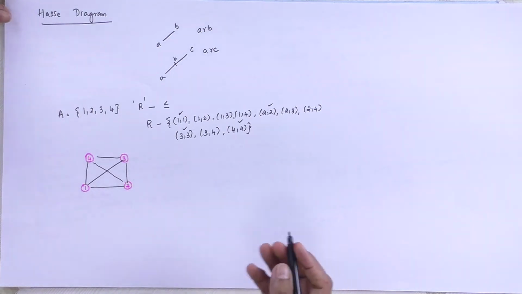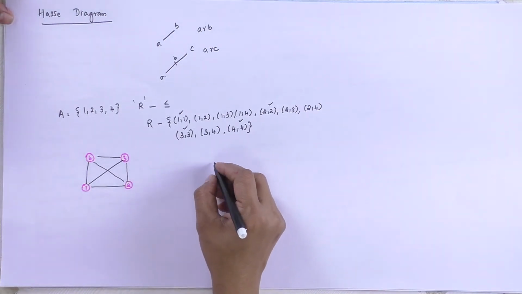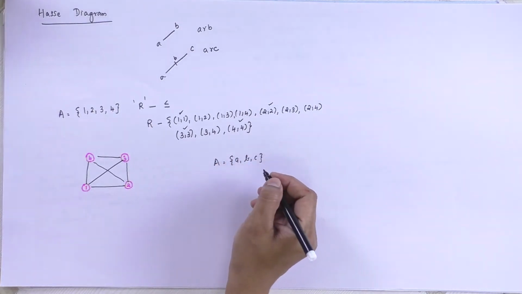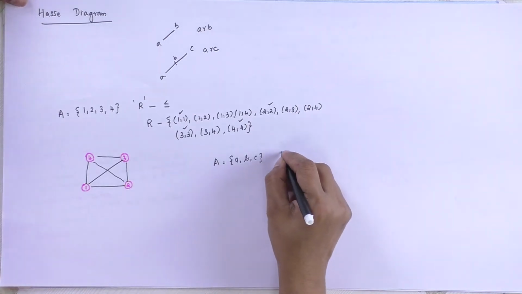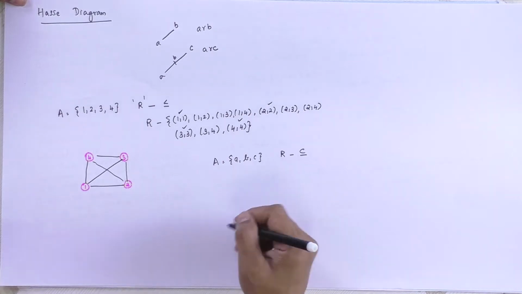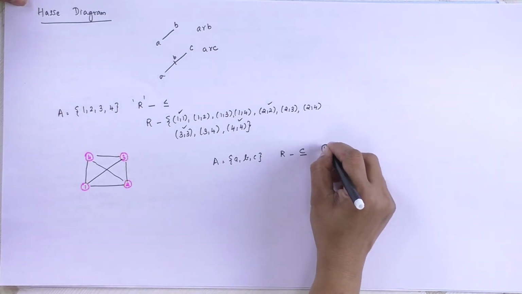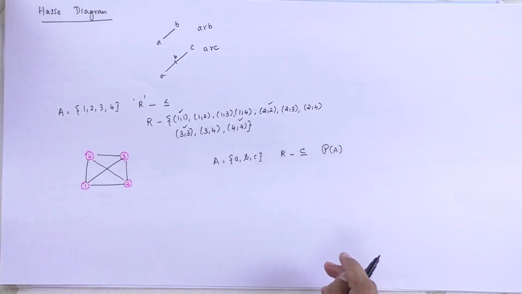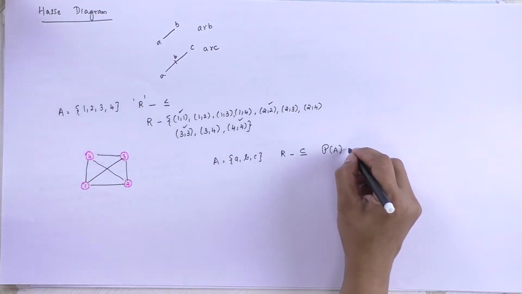Say again, I'll give another example, right? The set A is equal to {a, b, c}, and the relation R here is subset. Now I am asking you to draw the Hasse diagram for the power set of A. So what are the power set elements?